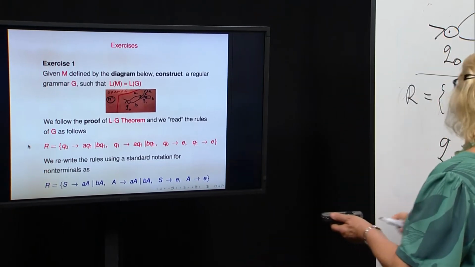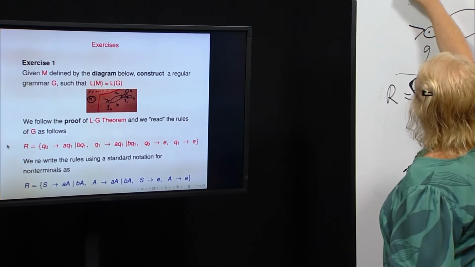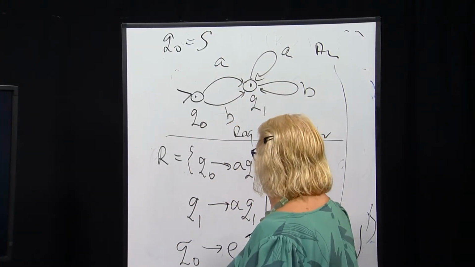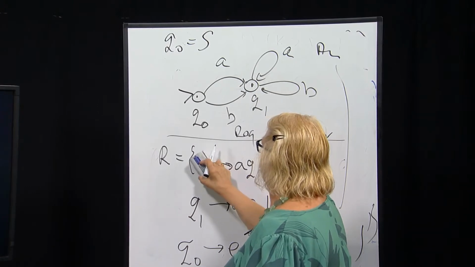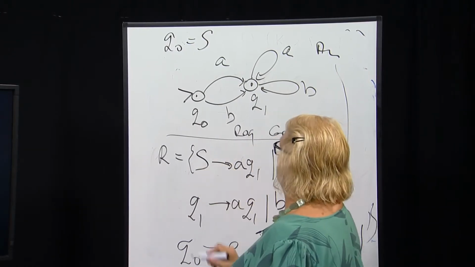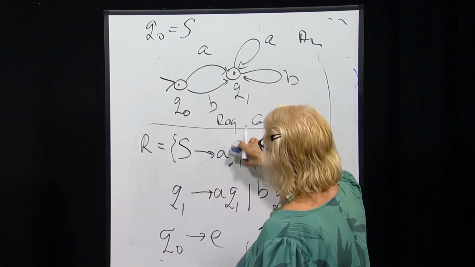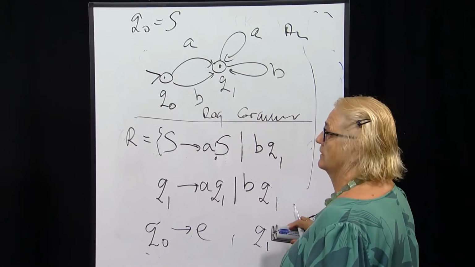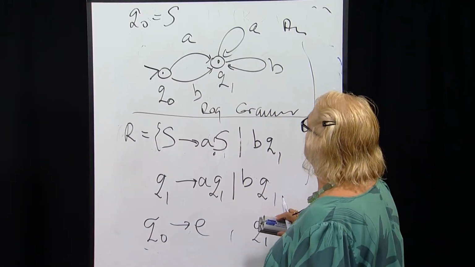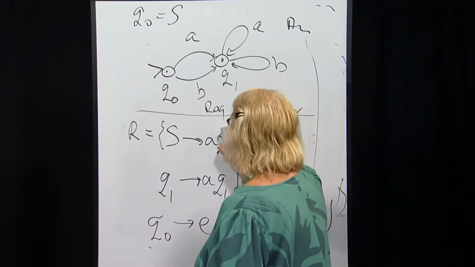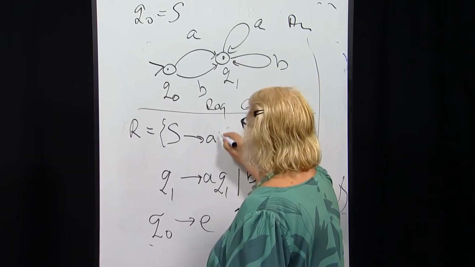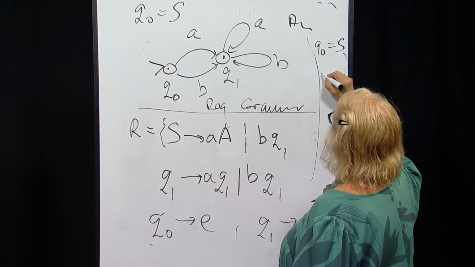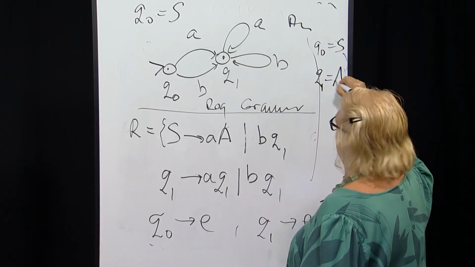Q0 was initial, so Q0 is initial because it was initial, so you replace Q0 by initial state, so you have a nice notation. Q0 is initial, and Q1, let's call A.